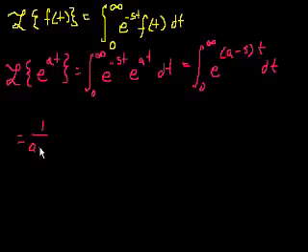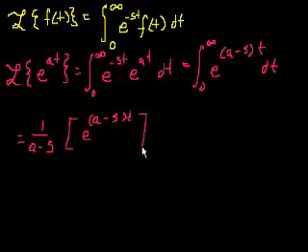So we can just leave it out on the outside. 1 over a minus s times e to the a minus s t, and we're going to evaluate that from t is equal to infinity, or the limit as t approaches infinity, to t is equal to 0. And I could have put this inside the brackets, but it's just a constant term, right? None of them have t's in them, so I can just pull them out. And so this is equal to 1 over a minus s times.